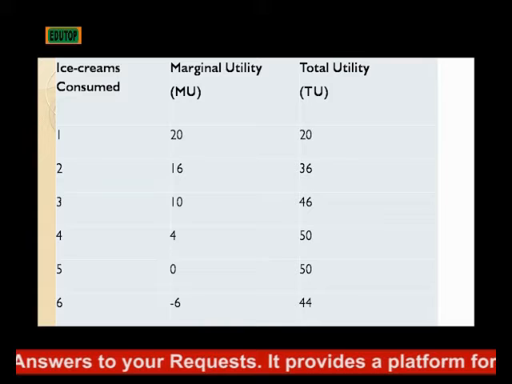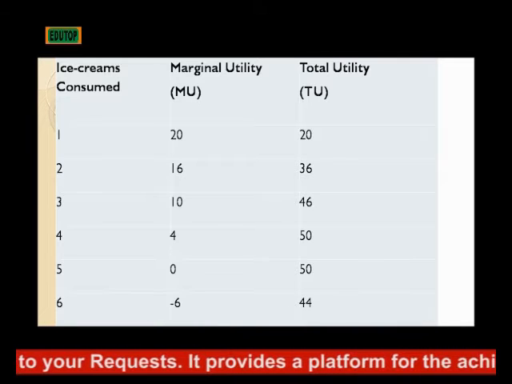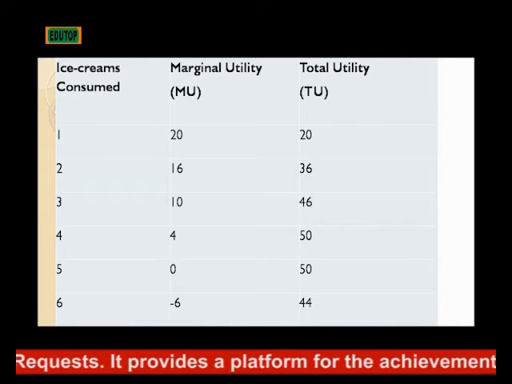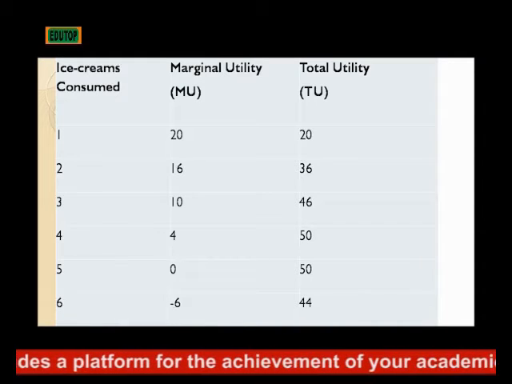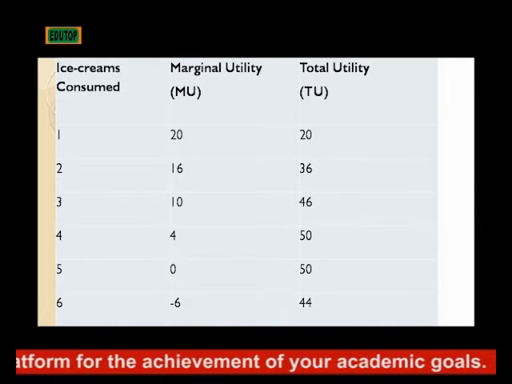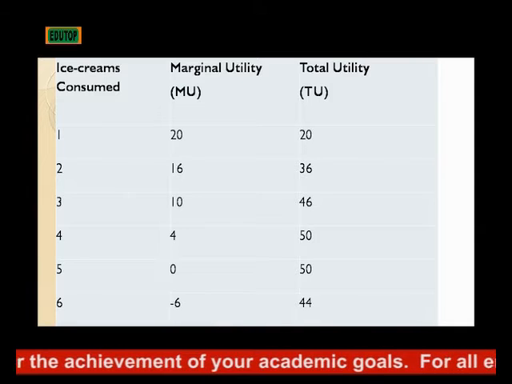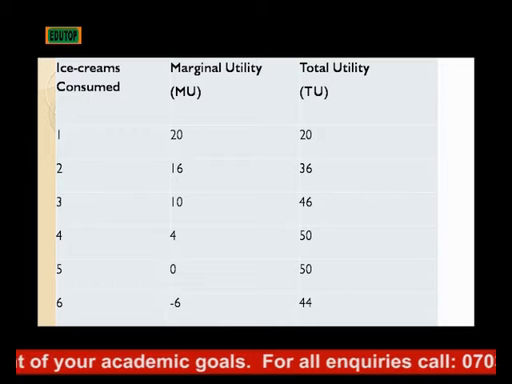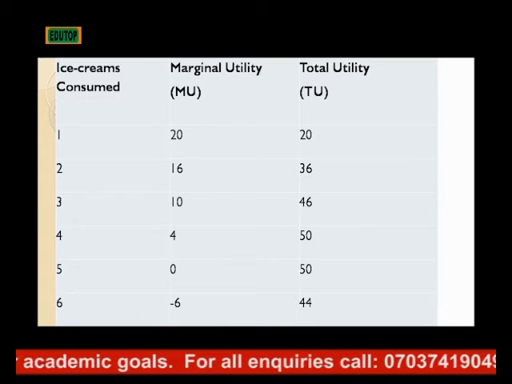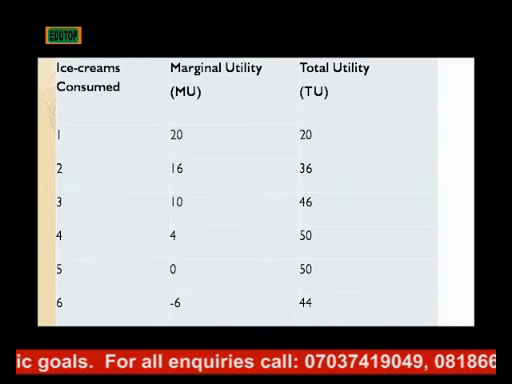And if you look at the diagram, you can see that when the fourth ice cream was consumed, the total utility increased to 50 from 46. The difference between 46 and 50 is 4.